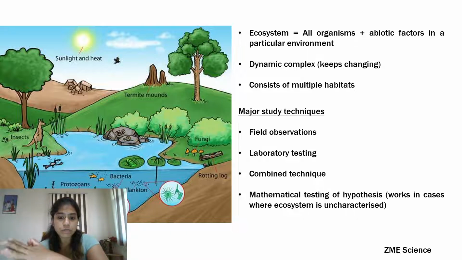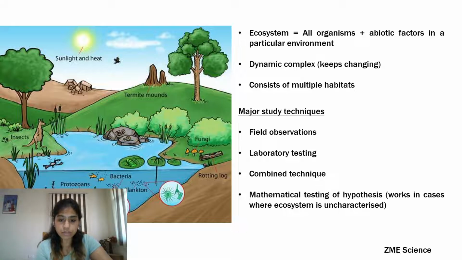Apart from field observation and the lab environment, which involve actually studying the microbes, one can also do mathematical testing of hypotheses, where we model the different components of an ecosystem, like abiotic components, other living organisms, and plants, and see how the microbial diversity, abundance and species richness could change just by substituting mathematical or empirical values in equations and testing a hypothesis.